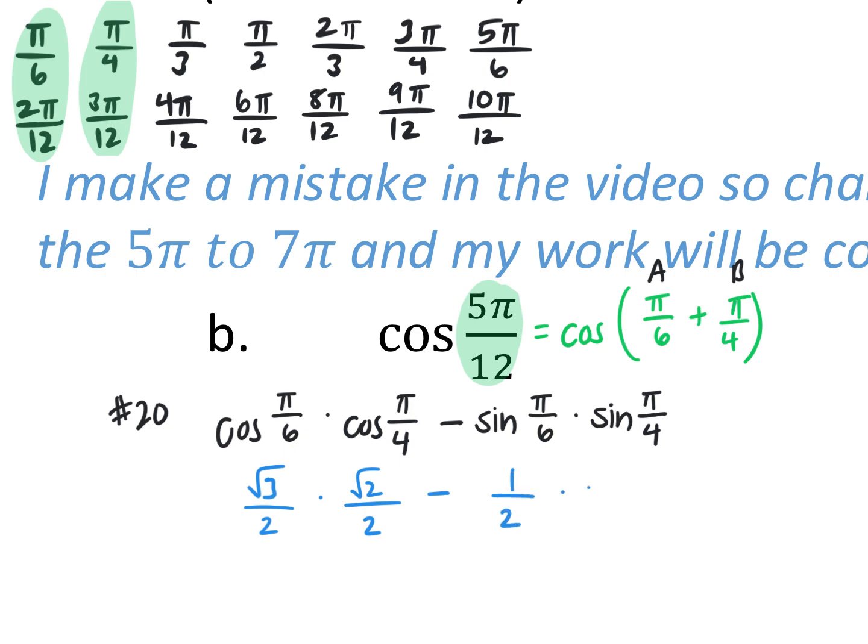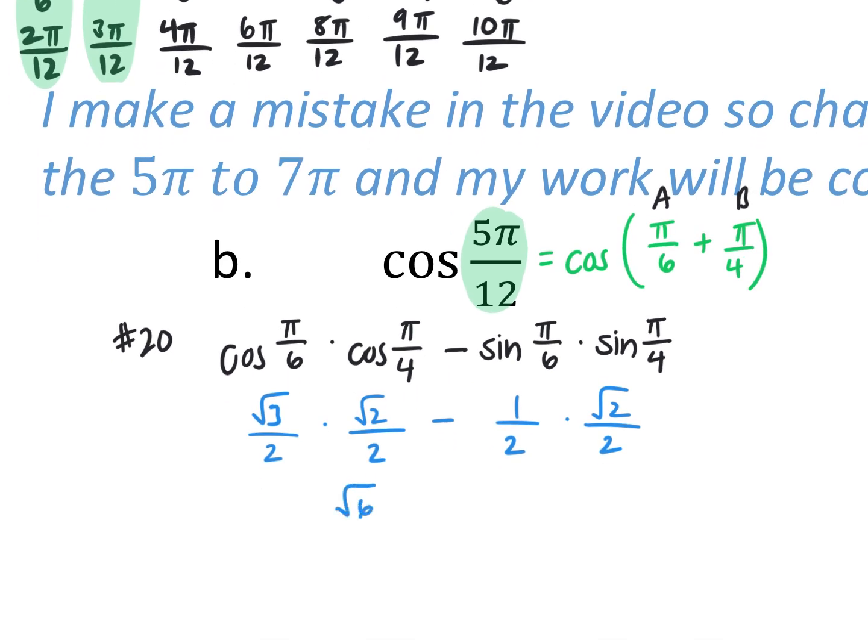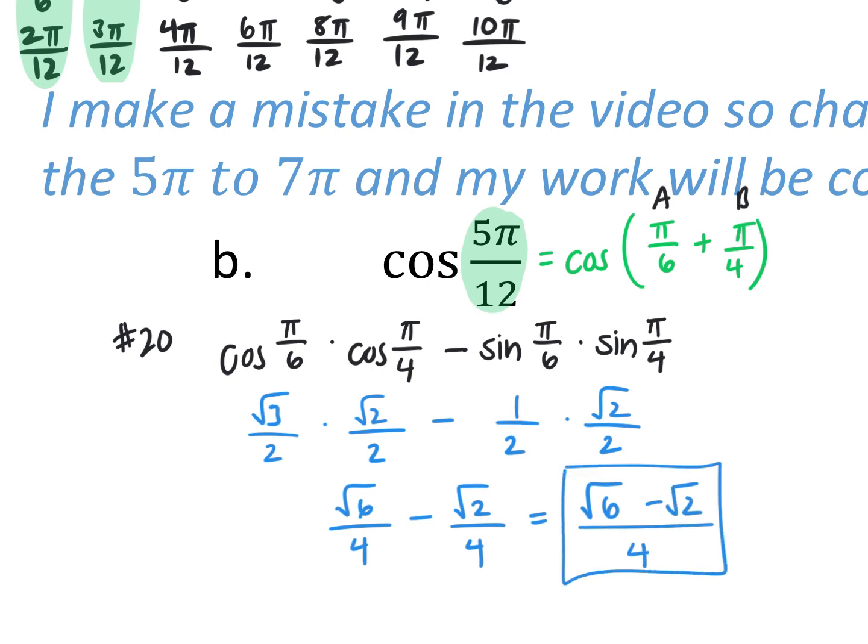And then square root of 2 over 2. Okay, let's multiply these things together. That gives me the square root of 6 over 4 minus the square root of 2 over 4. Which, when I combine that, does it become square root of 4? No, we keep it as the square root of 6 minus the square root of 2 over 4 for your final answer.